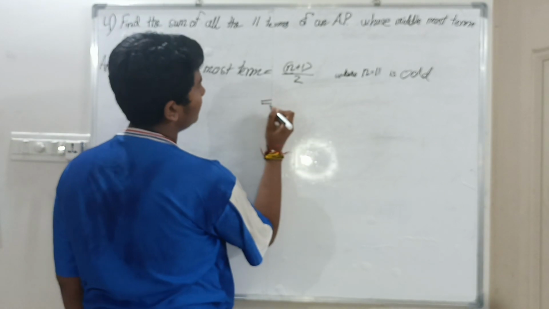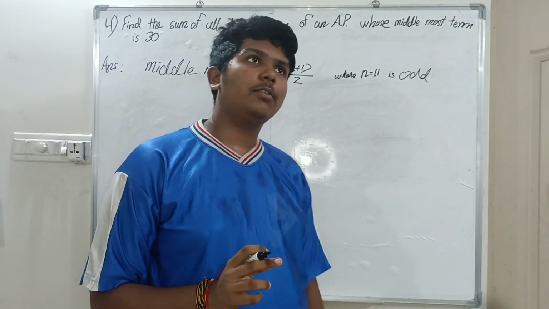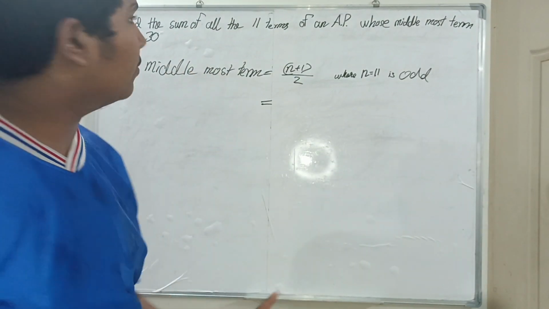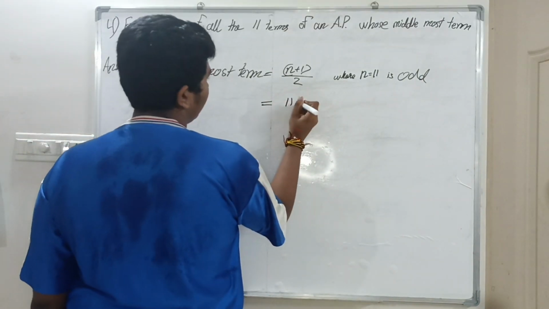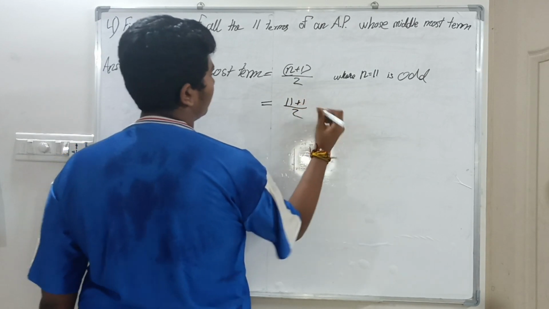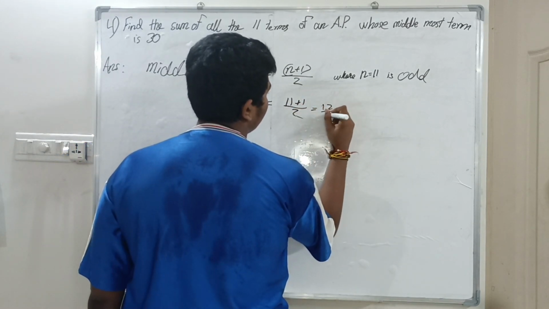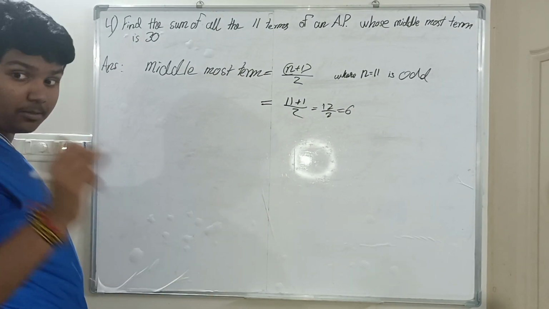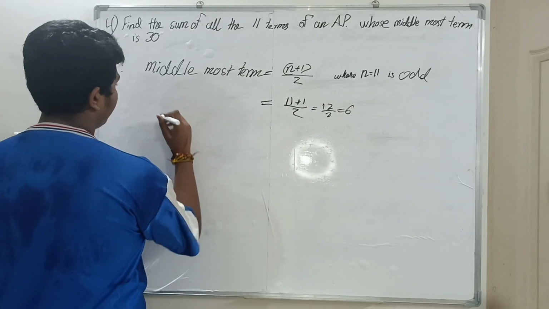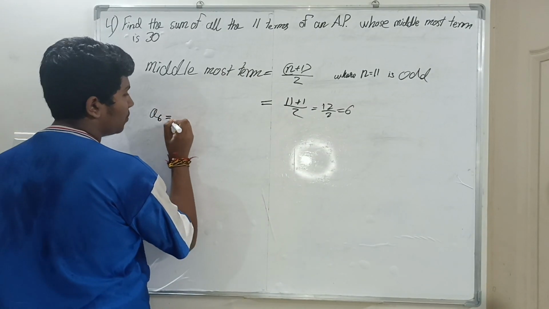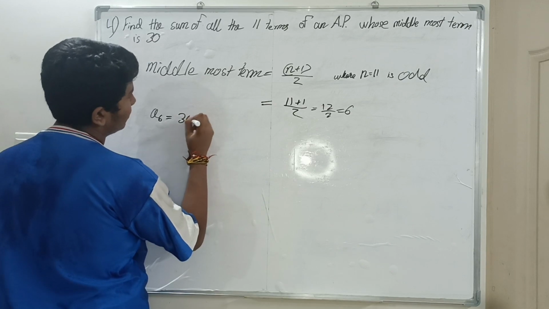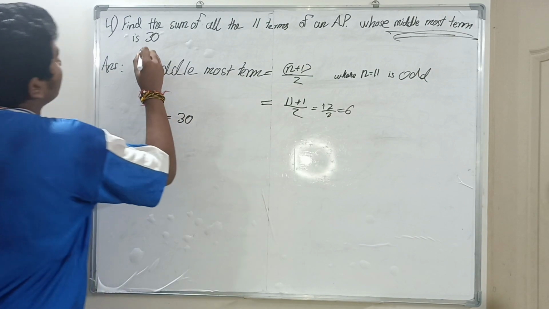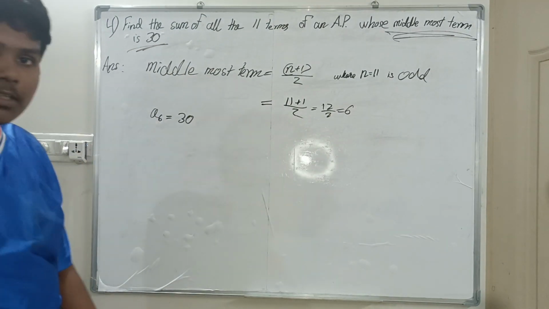Not necessarily minus 1. Okay. So, (n plus 1) by 2, which is (11 plus 1) by 2, which is 12 by 2, which is 6. Hence, the middlemost term is the 6th term, which will give you A6 is equal to 30, because they give here the middlemost term is 30, isn't it?